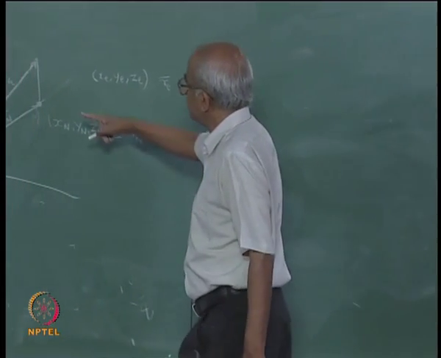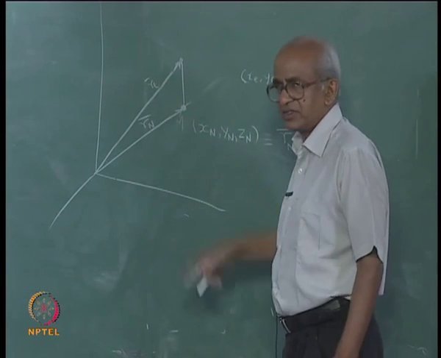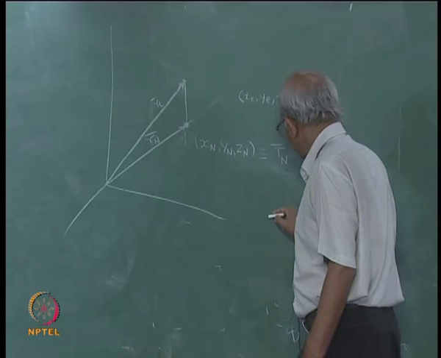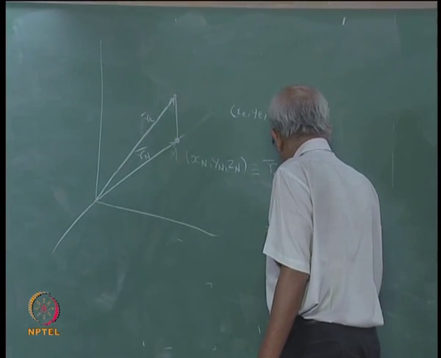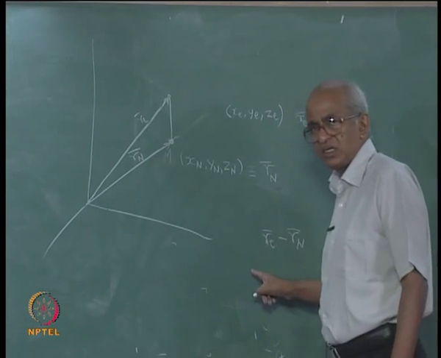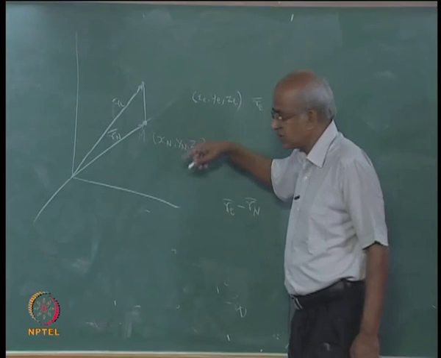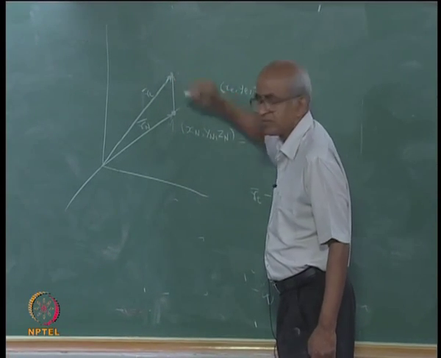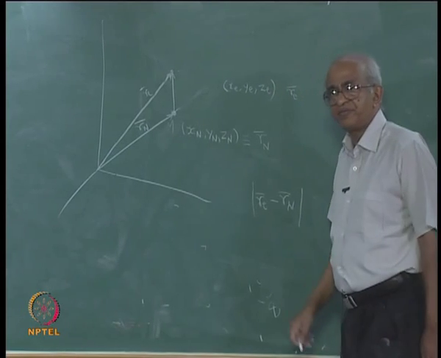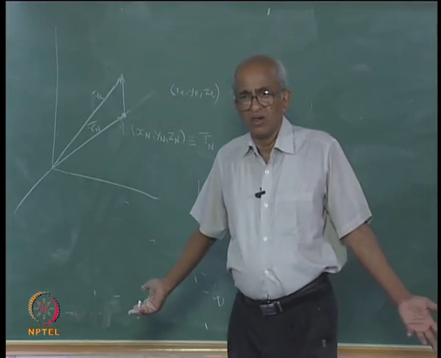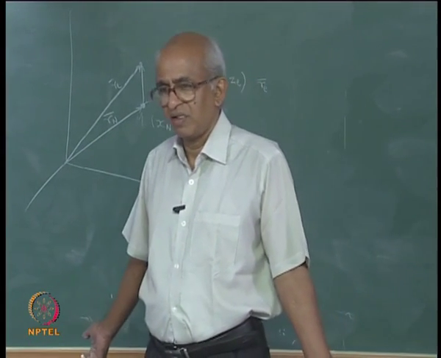And if you wanted the distance between these two, how will you write the distance in terms of these vectors? Well, the distance is actually vector Re minus vector Rn. What is this? This is the vector that will connect the nucleus to the electron. It is this vector, and its magnitude will give me the distance between the two particles. That is all, correct.